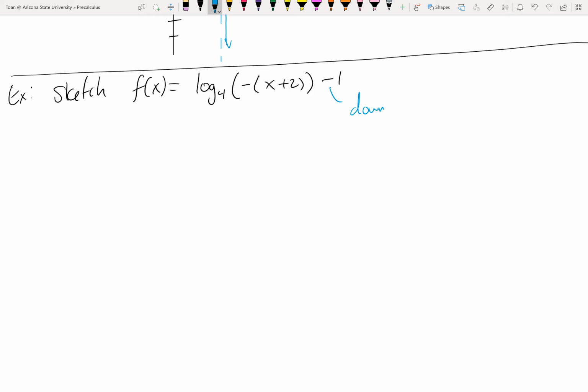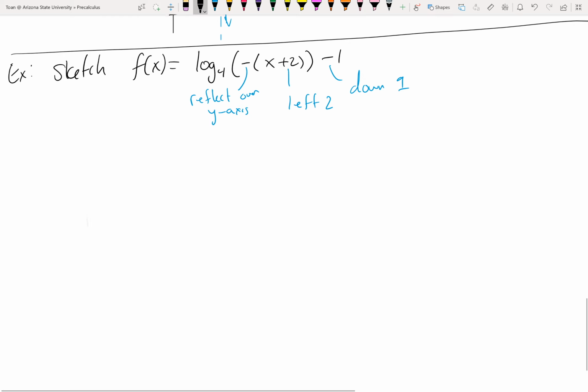So we have a down 1, we have a left 2, and we have a negative here. And notice it's inside with the x, so that's a reflection over the y-axis, right? So that's going to affect our special points. That's going to affect the shape. We'll take care of all of that. But in terms of transformations, that's the only thing that's present.